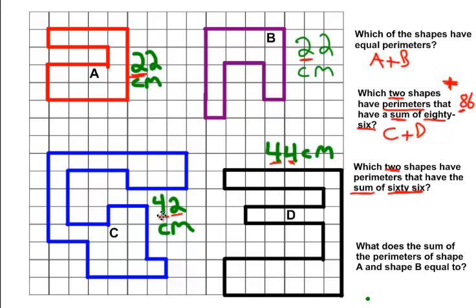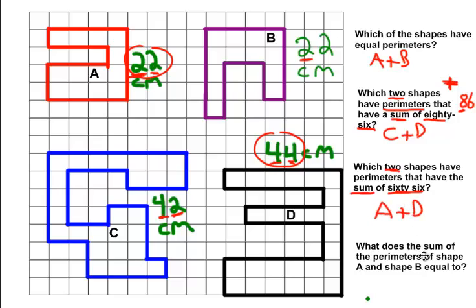We have 40 and 20, that's 60, so that's maybe an option. But look what happens. You have 2 1s and 2 1s, that's 4, so we have 64. That's not 66. So our best option is to take this one here, 44 and 22, and if you add them, they do make 66. So it is A and D.